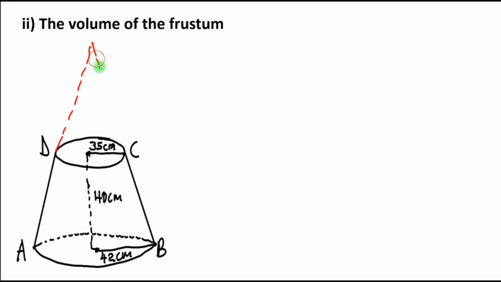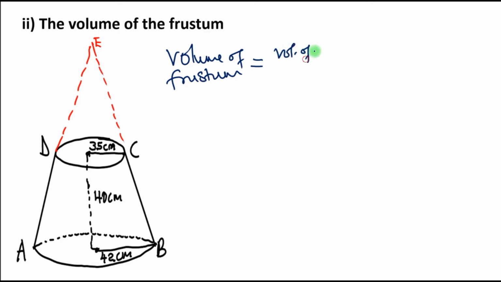The volume of the frustum will be given by the volume of the bigger cone minus the volume of the smaller cone.